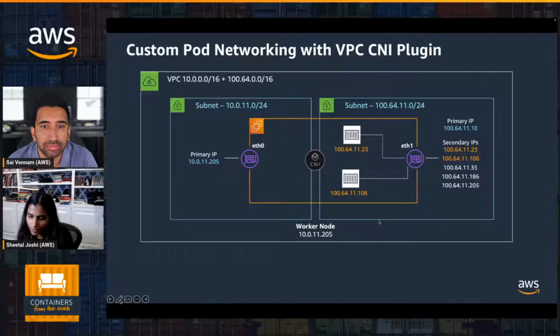So your pod density is going to be affected slightly when using custom networking. There is one less ENI available for pod IP allocation. So pod density, compared to regular pod networking, is less when using custom networking.